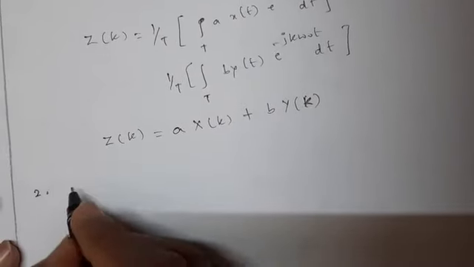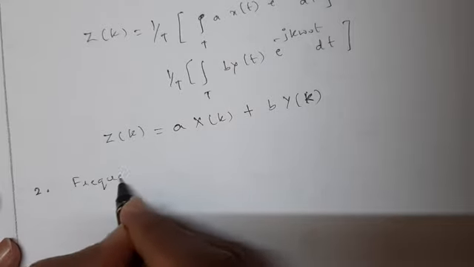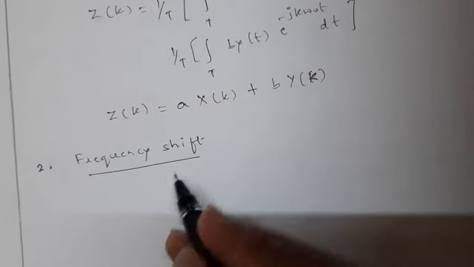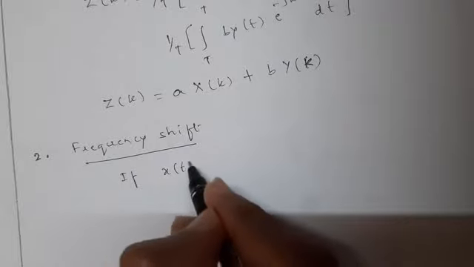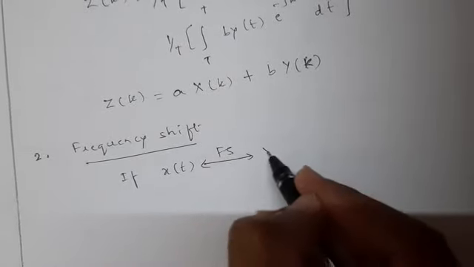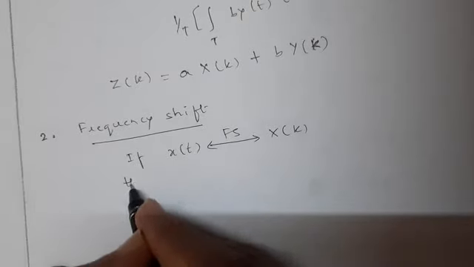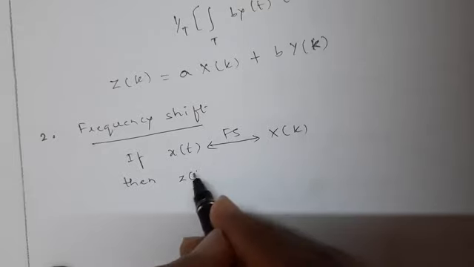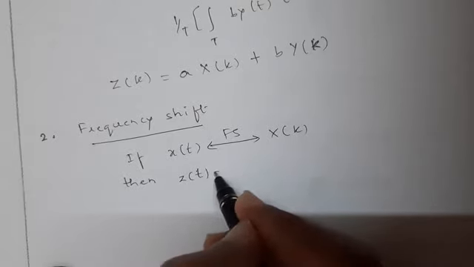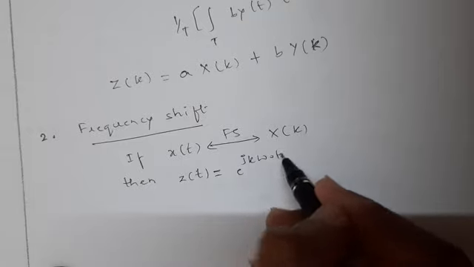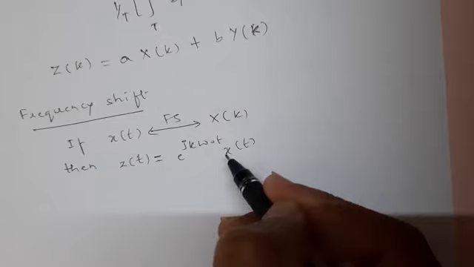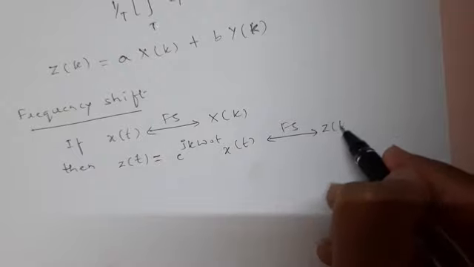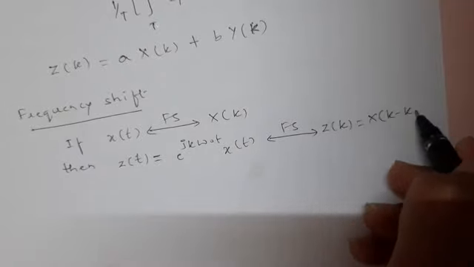The second one, frequency shift. It states that if the Fourier series of x of t is X of k, then the Fourier series of, since it is frequency shift, e to the power j k naught omega naught t times x of t, is Z of k, which is X of k minus k naught.